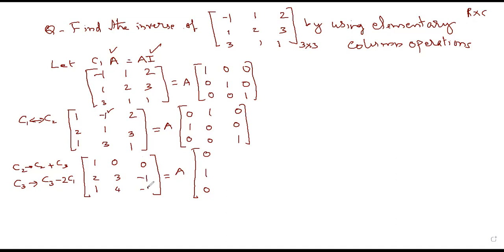Here also minus 1, and the right hand side will change: 1, 1, 0, 0, minus 2 and 1. Multiplying by minus 2 and adding in C3: minus 2 plus 0, minus 2 plus 0, minus 2 into 0 plus 1. So it will not change. Now we have got the first round.